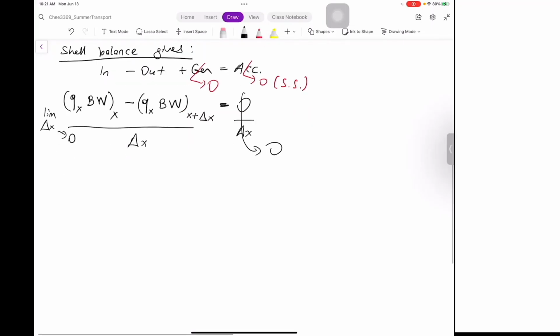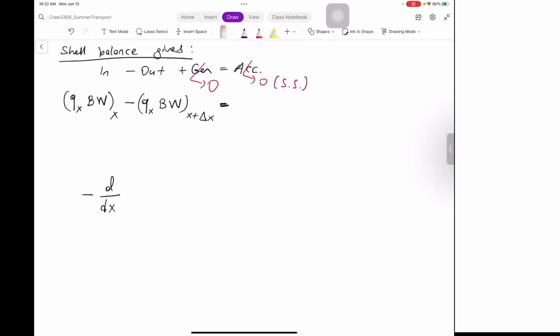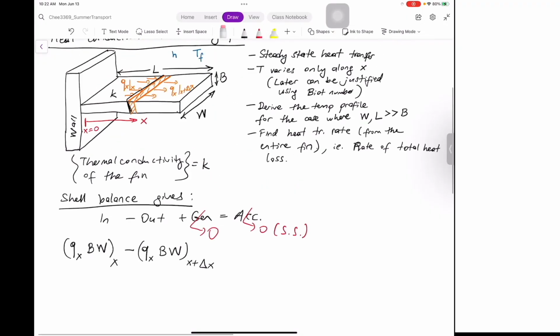And this thing is the minus derivative of whatever you have inside the parentheses. It's Qx B. Oh, I forgot something. I'm sorry. Let's go back. I forgot something. I'm sorry. Here.